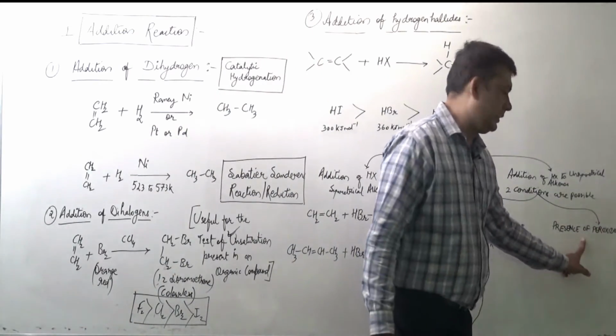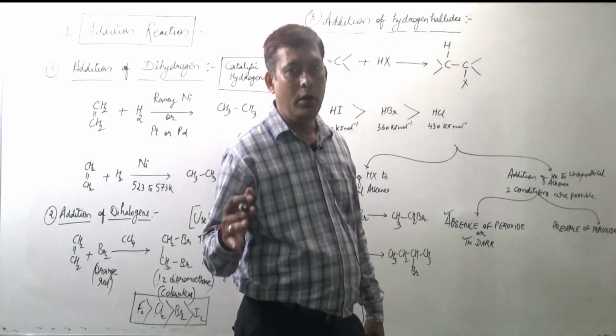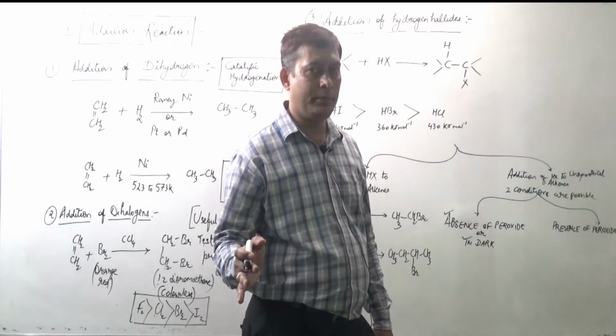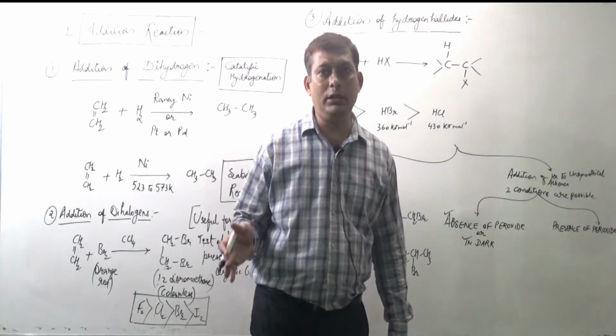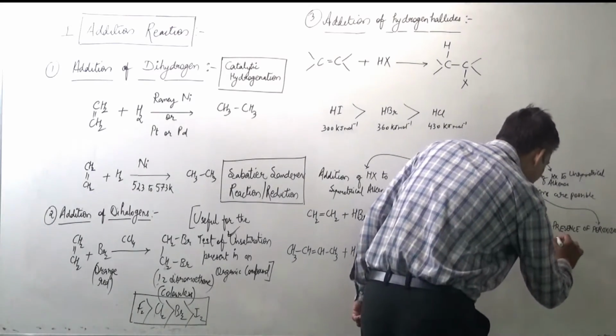If the reaction takes place in the presence of peroxide, then we call it peroxide effect or Kharash effect or anti-Markovnikov effect. Let us write and I will explain you.